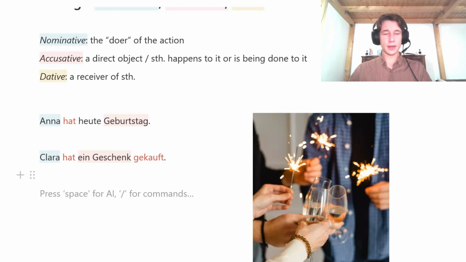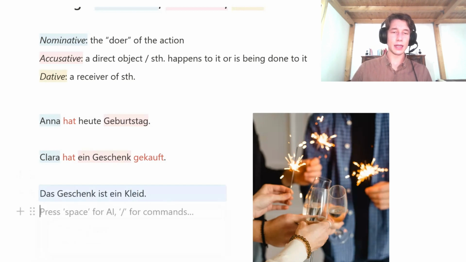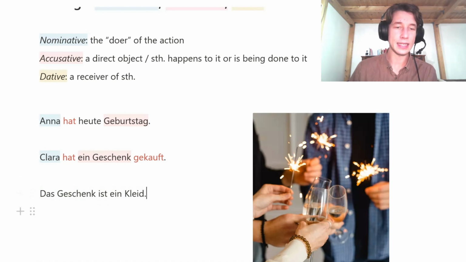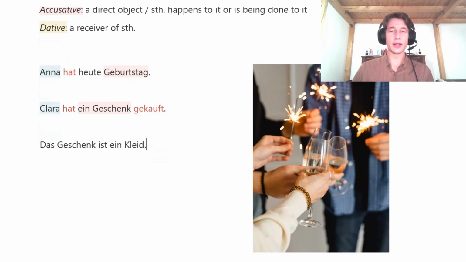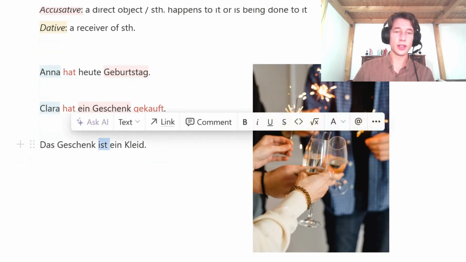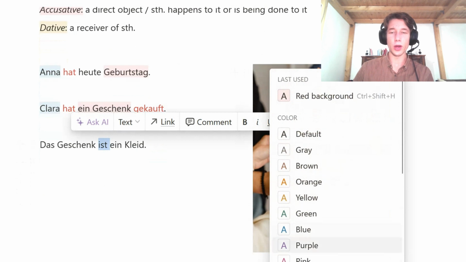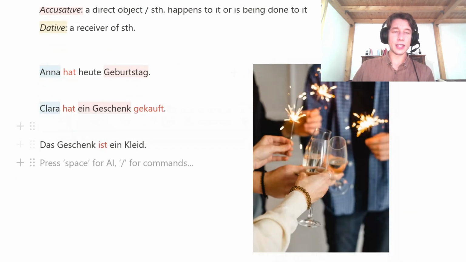Now, let's see. We have another sentence, and this one is a little bit weird also. Let me read this first. Das Geschenk ist ein Kleid. The present is a dress. So the action in this sentence is marked by the word ist. Das Geschenk, the present, is a dress.